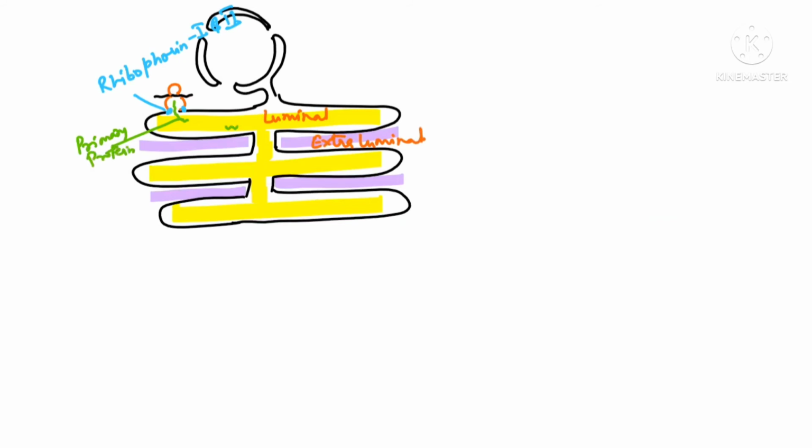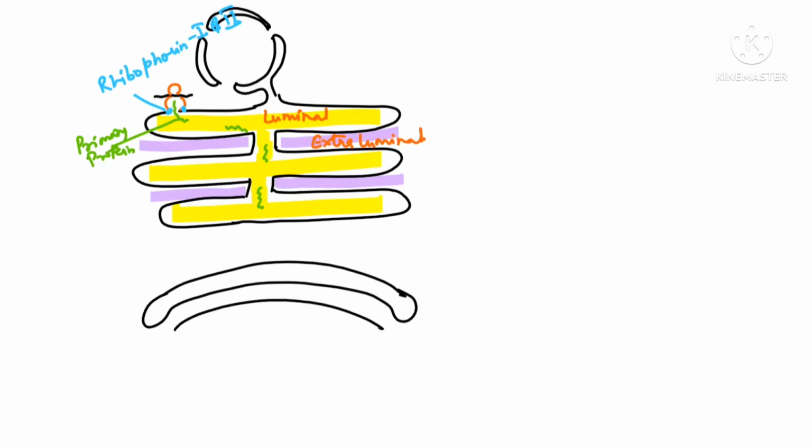It will come this way, from here to here, and finally it will be given to the Golgi, because the Golgi is going to do the packing. Golgi will make its secondary structure, tertiary structure, or it will add glucose to make glycoprotein, whatever it is.